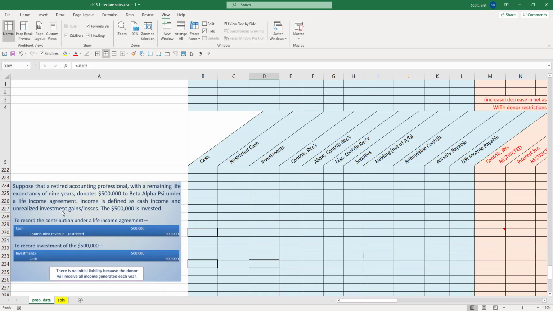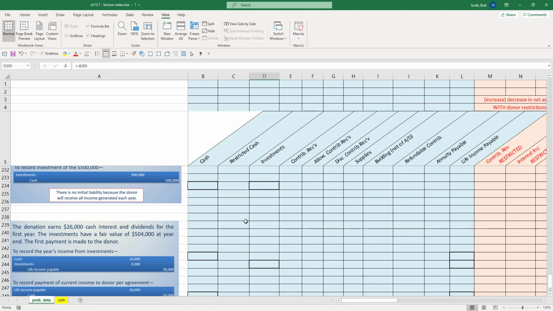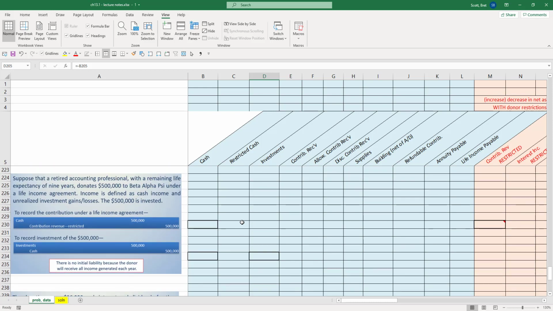Now, this one is slightly different. It says, suppose the retired professional with a remaining life expectancy, again, of 9 years, donates $500,000 under a life income agreement. This one is a little bit easier to digest for us. So they give us $500,000, and they're saying in this case that only the income generated from this investment is going to be used to pay out the person.